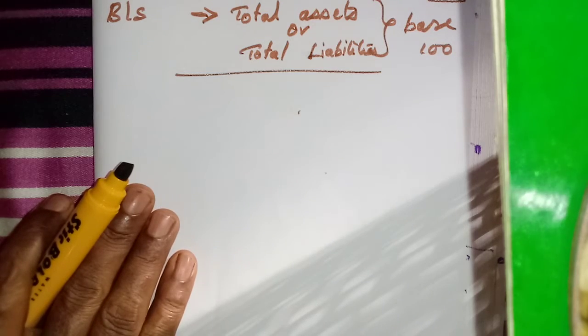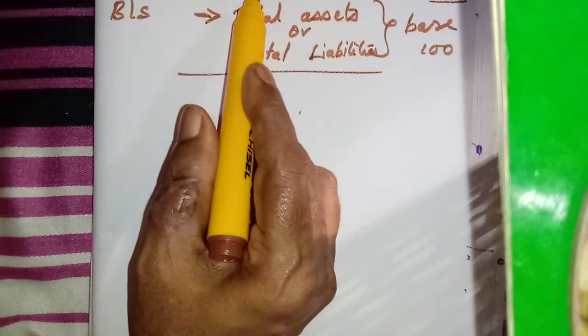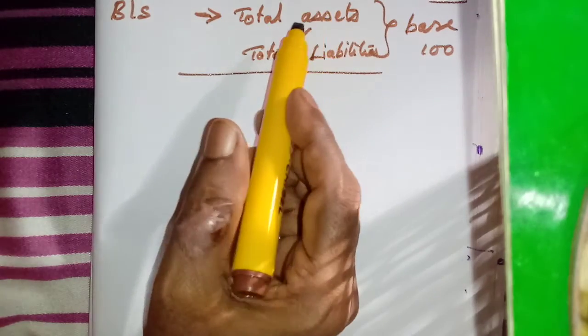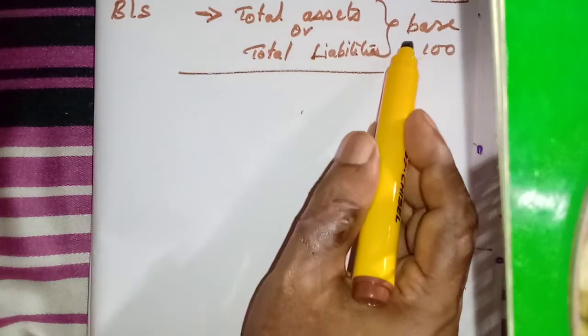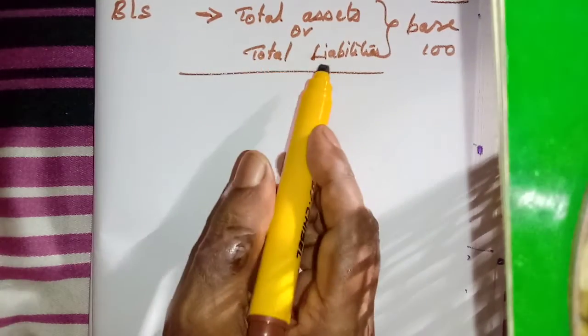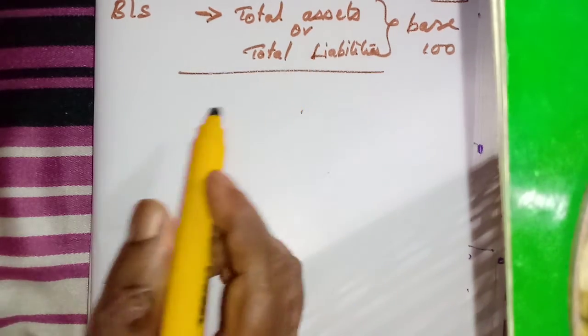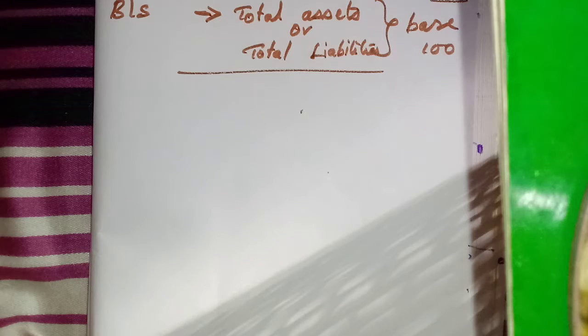Here we have to calculate the percentage for revenue from operation. If it is the balance sheet, we have to calculate the percentage for the total assets and total liabilities. I think we can do the problem, because I have only 2-3 classes to complete this lesson and the next lesson also.